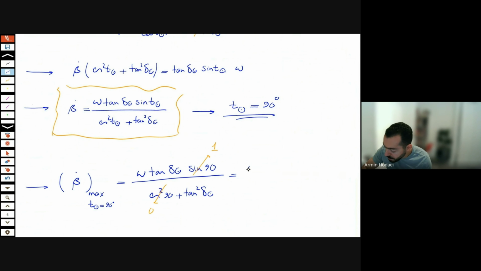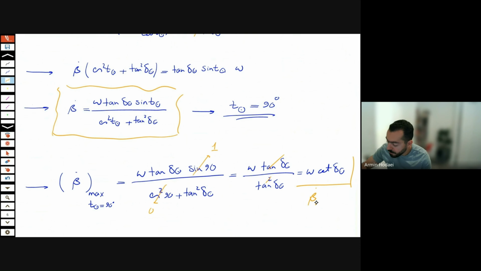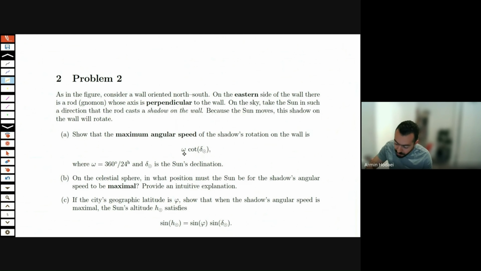It's going to give us omega tan declination over tan squared declination, so it's going to cancel out. It's going to be omega cotan declination. Right? So that's going to be beta dot max. And that's basically what the question was asking for. It's asking for the maximum.